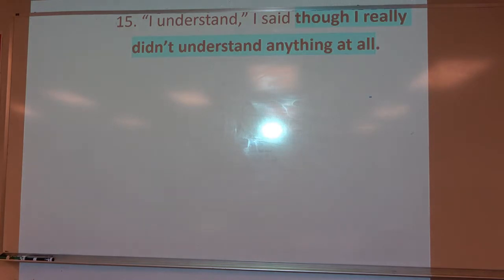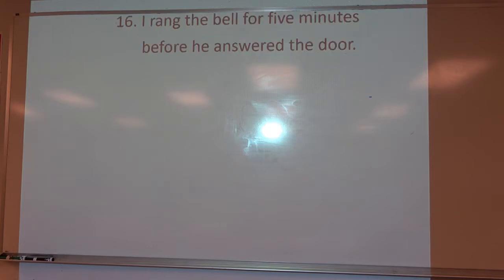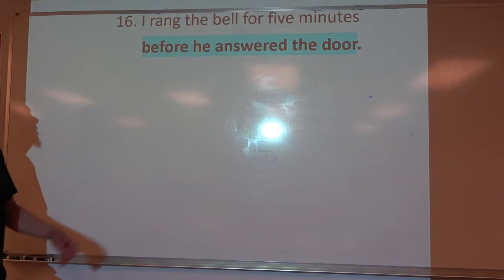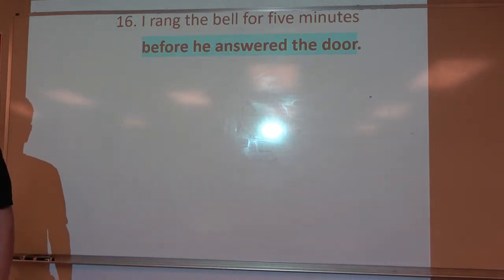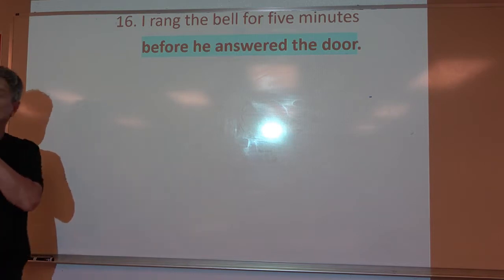Wendelin, did I go too fast? So I'll give you another one. Here's the next one, Wendelin. That's the subject and verb of that one. Can you read this one? I rang the bell for 5 minutes before he answered the door. Dependent clause? Before he answered the door. Yes. And there's no comma, huh? There's no comma in this sentence. Can you tell me why?